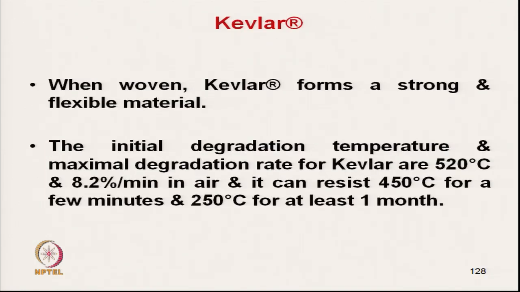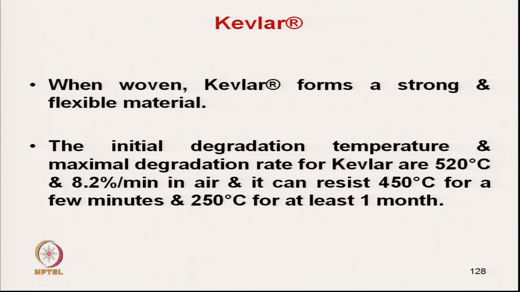Kevlar, when it is woven, forms a strong and flexible material. The initial degradation temperature is 520 degrees Celsius, and the maximum degradation rate is 8.2% per minute in air, and it can resist 450 degrees Celsius for a few minutes.